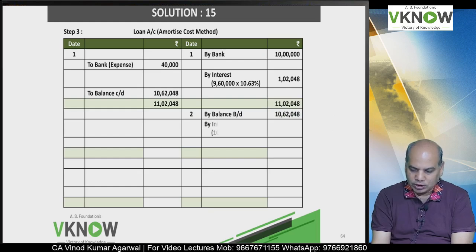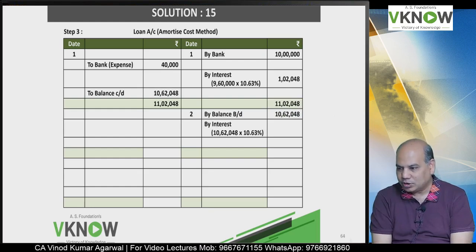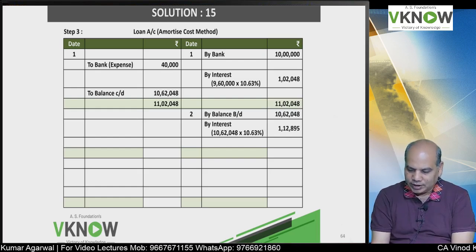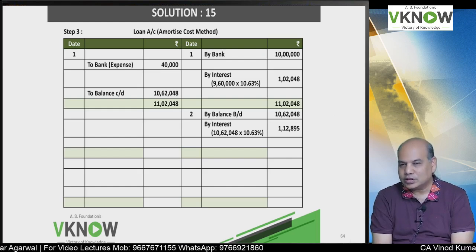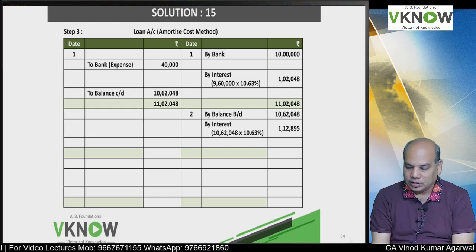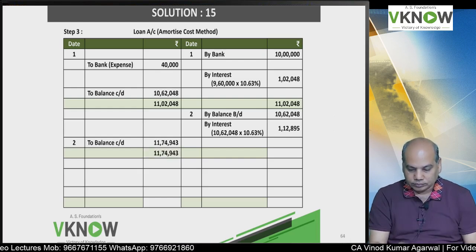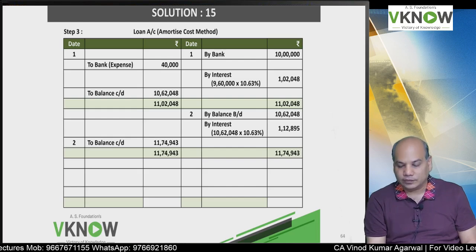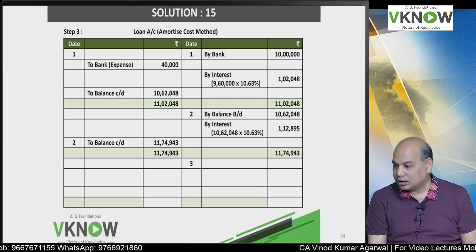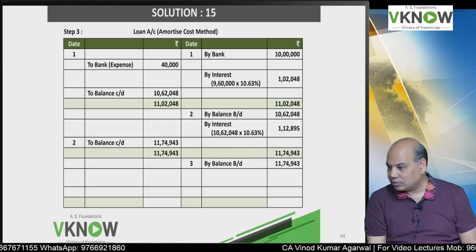Year 2: by balance brought down, by interest 10.63% of opening balance, 1,12,895, to balance carried down 11,74,943.